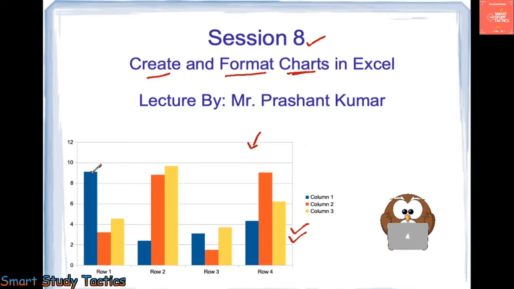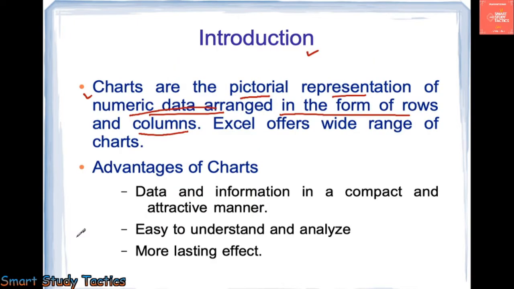A value coming here will be 9, or this will be 6.2. Like this we can understand, if you write down the value on top of that, we can understand with the help of that. So you can see these are the rows and these are the columns.